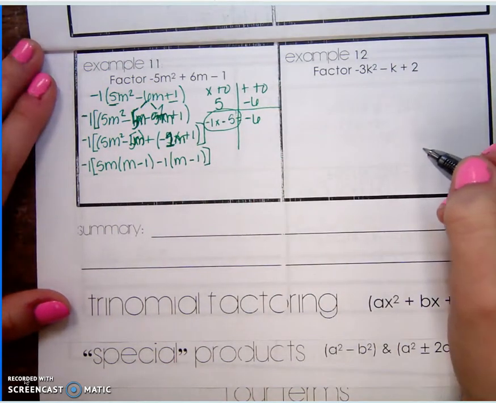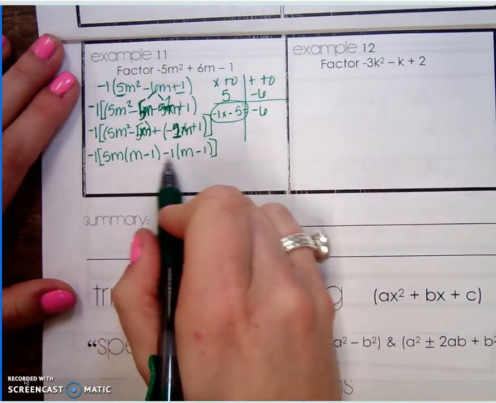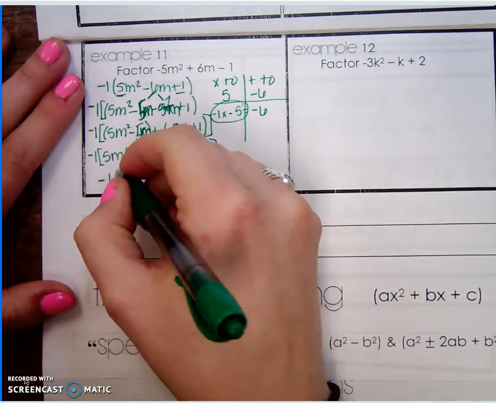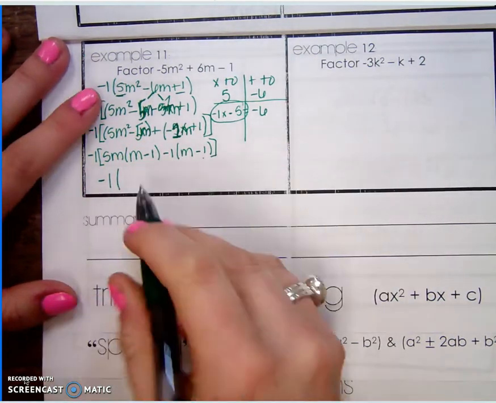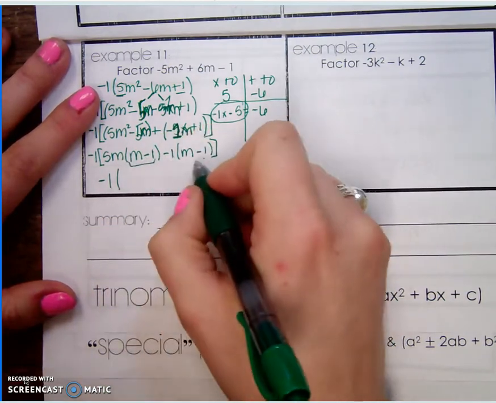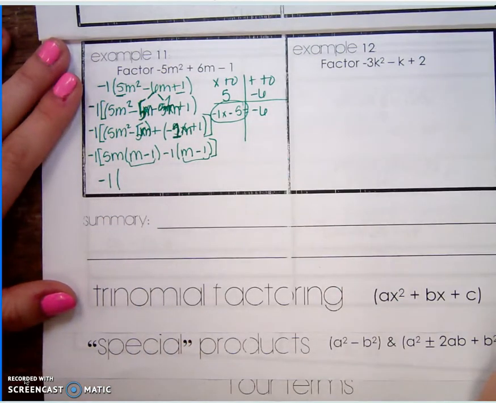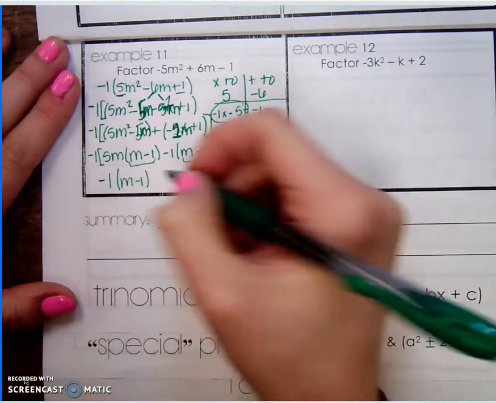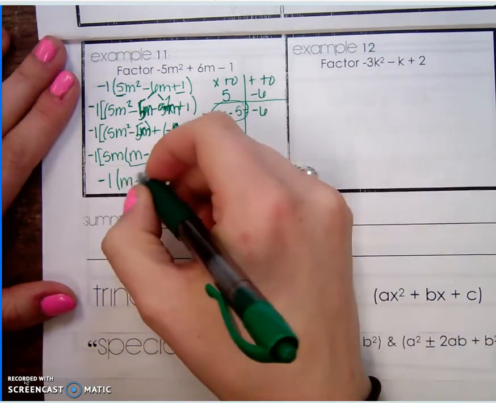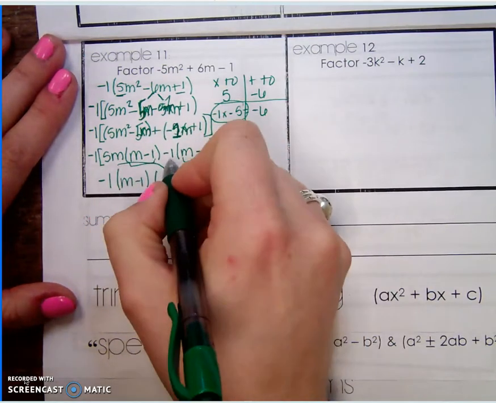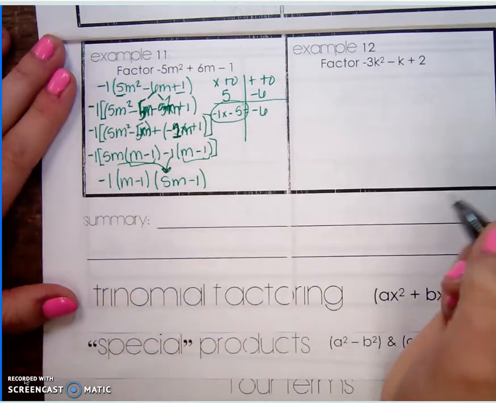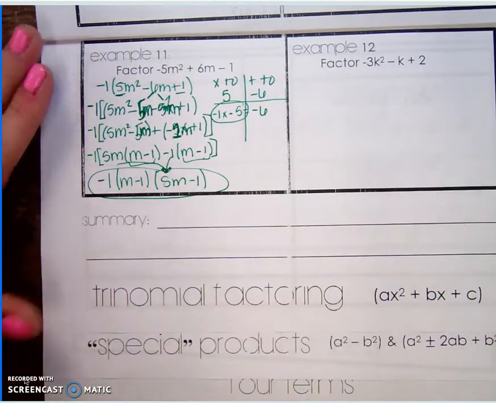Okay. So now I do have my two terms that match. So leave the negative 1 on the outside. The terms that are the same, those inside those binomials, we have as m minus 1. And then times, bring your two GCFs out, 5m minus 1. Okay.